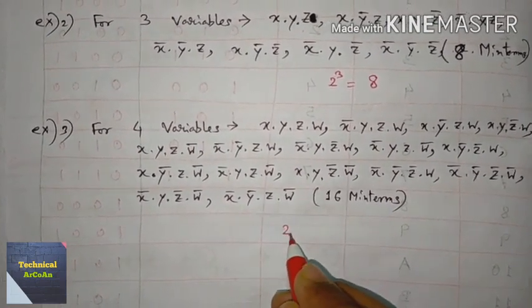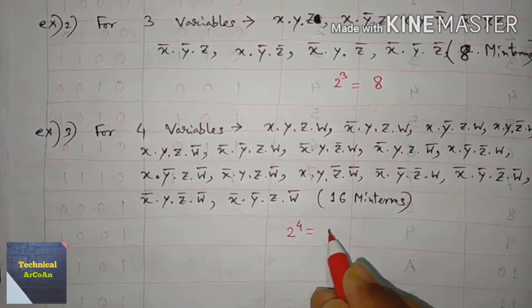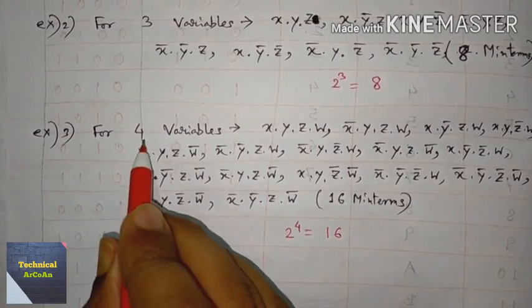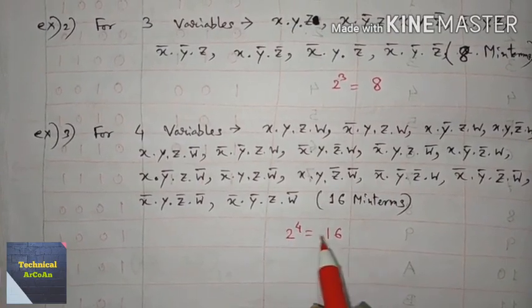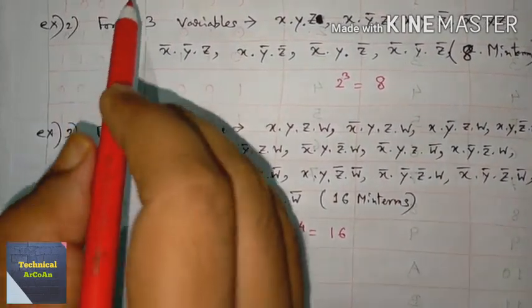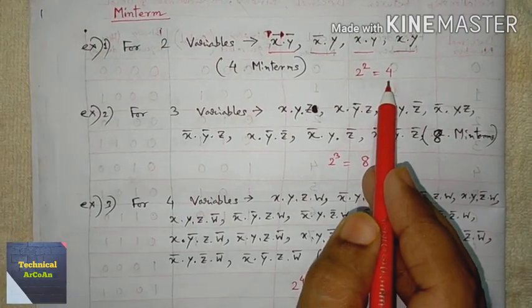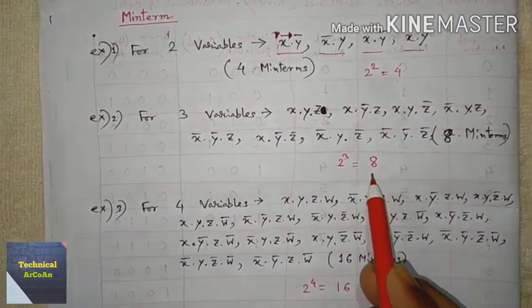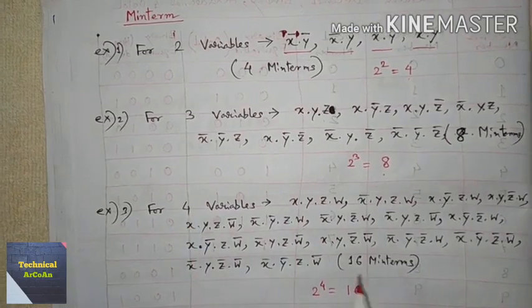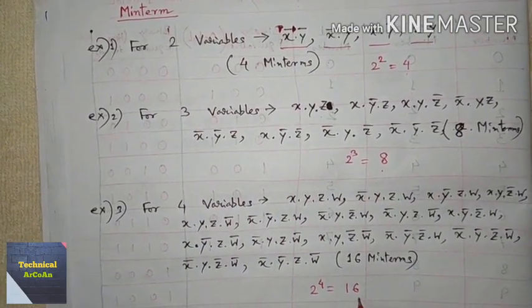Why? Because the number of variables is 4, so the power of 2 is 4, so 2 to the power 4 will be 16. Okay, that means for two variables we get 4 min terms, for three variables we get 8 min terms, and for four variables we get 16 min terms.